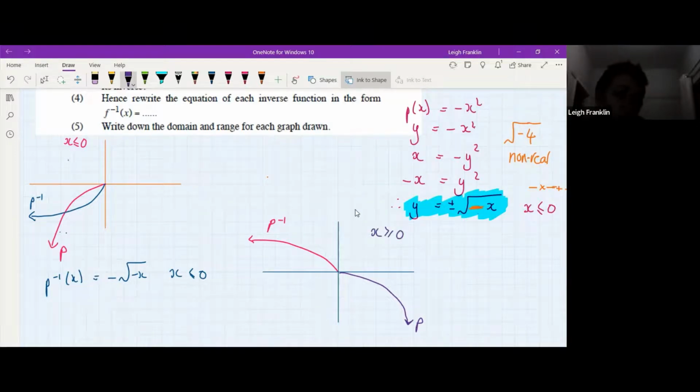That's where x was negative, and now we're looking at where x was positive. So as far as our inverse is concerned, this is now going to be positive minus x, and again this has to be where x is smaller than or equal to 0.